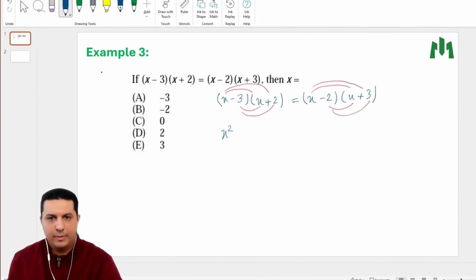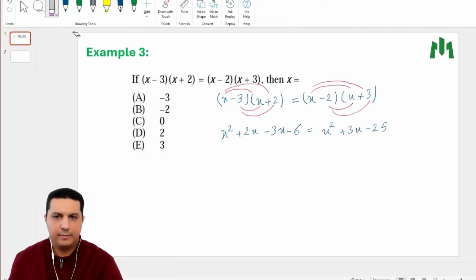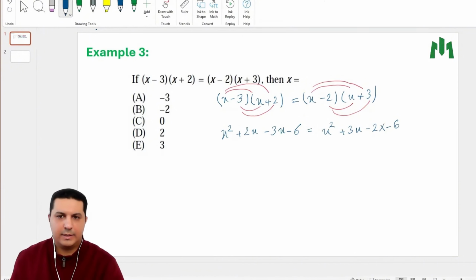This is x² + 2x - 3x, and plus and minus is -6, equals x² + 3x - 2x, and this is -6, okay?